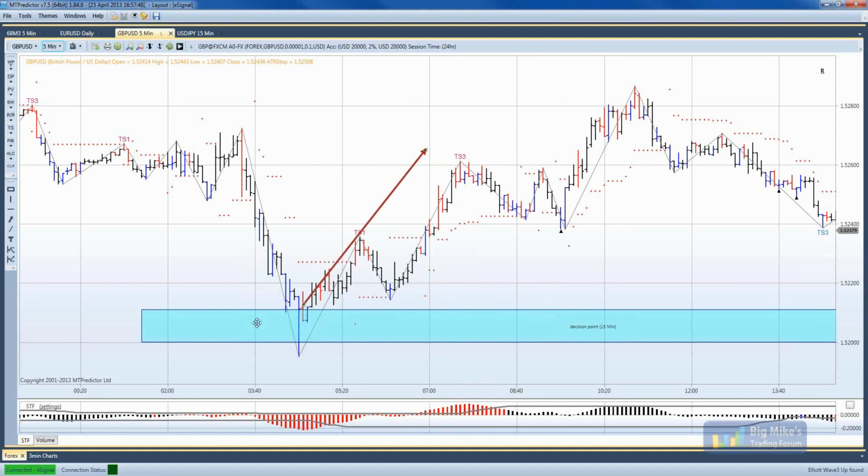Now we anticipated this in advance, so that means we actually know that this trend direction is up, and we know it's up a long way before this STF indicator changes trend. So can you all see now that this TS1 sell is now against the larger degree uptrend.